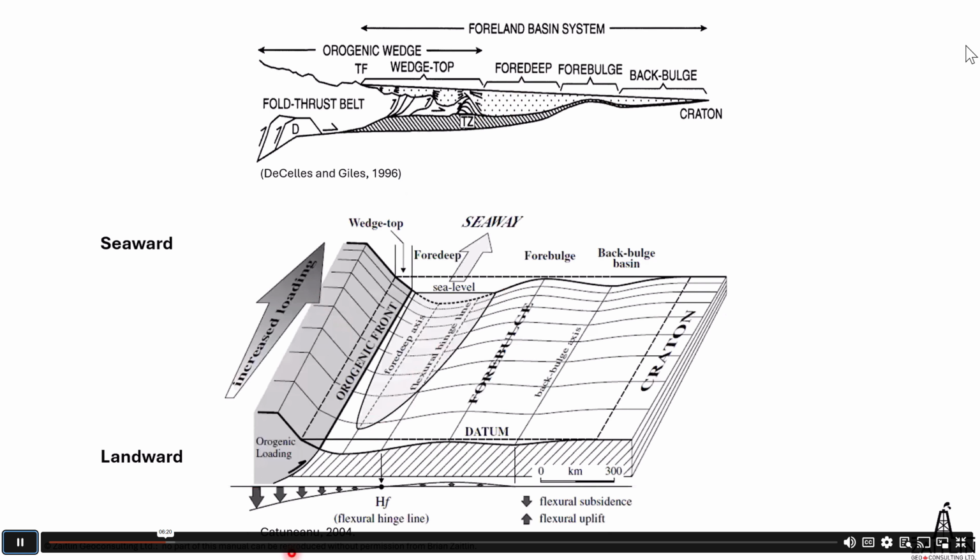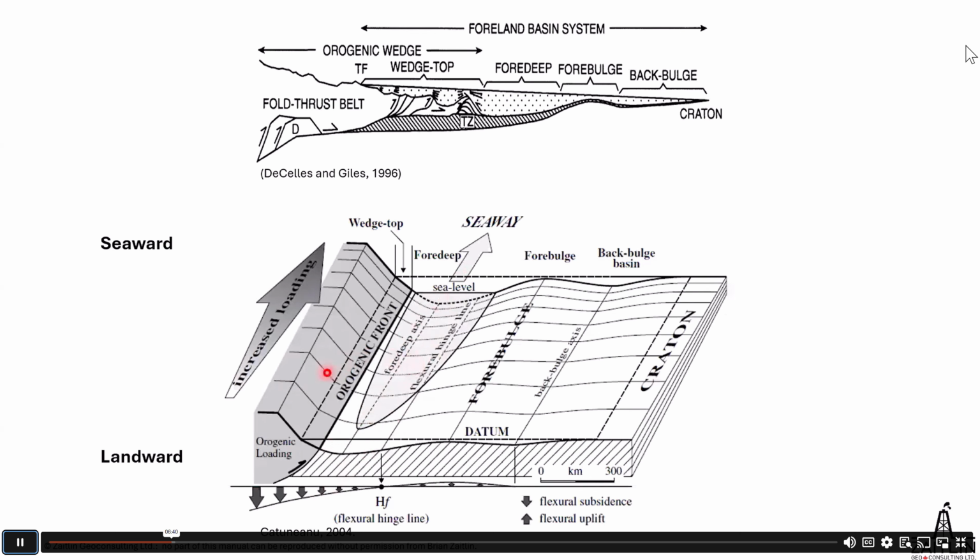Along strike, along the length of the foreland basin, there's a series of compartments. There's compartmentalization, and there's a unique change in depositional gradient going from landward to seaward within these areas.